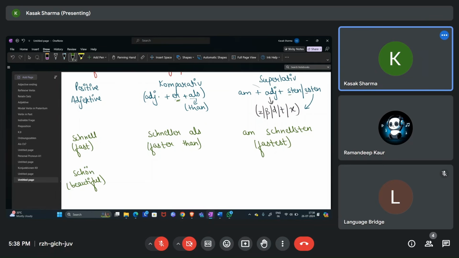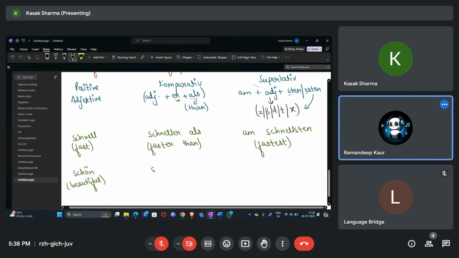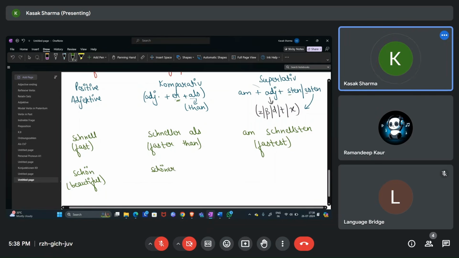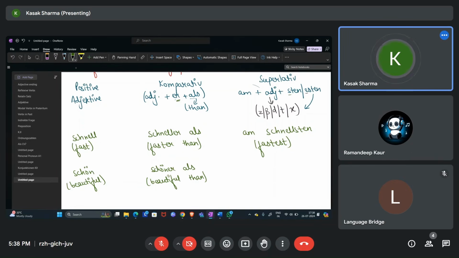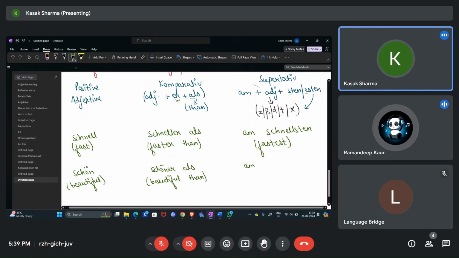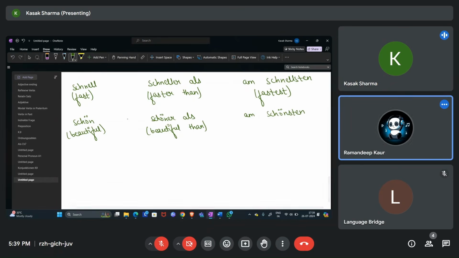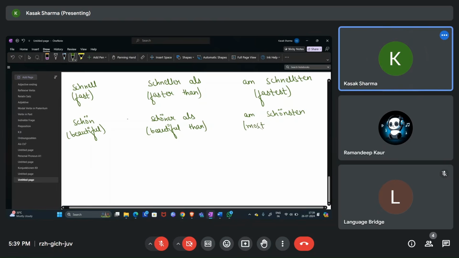Schöner als, as in more beautiful than. And the superlative will be am schönsten, as in the most beautiful.